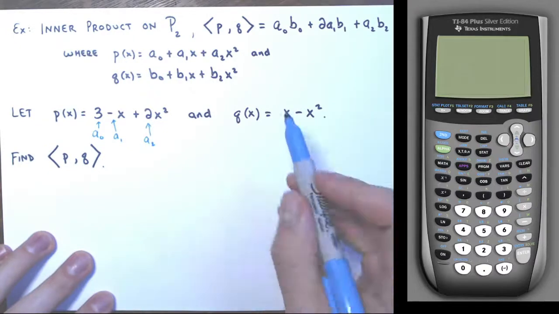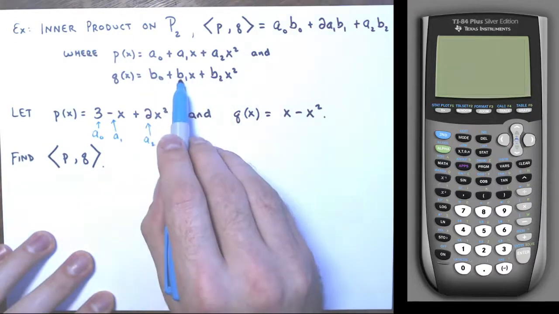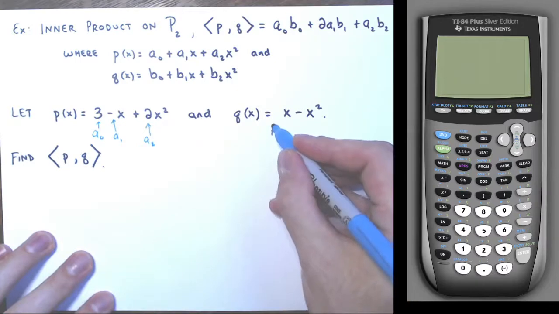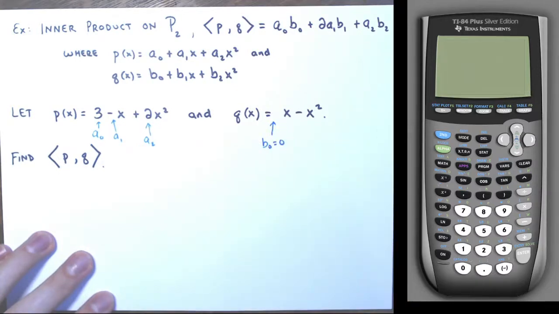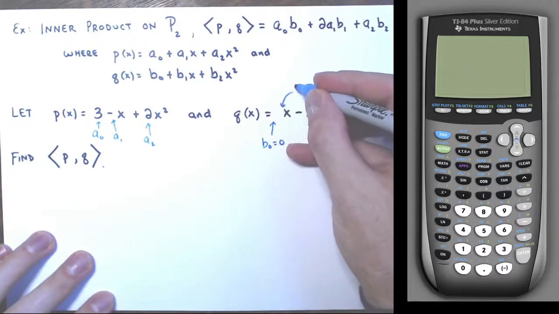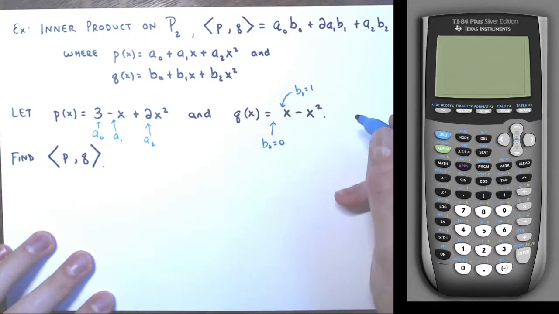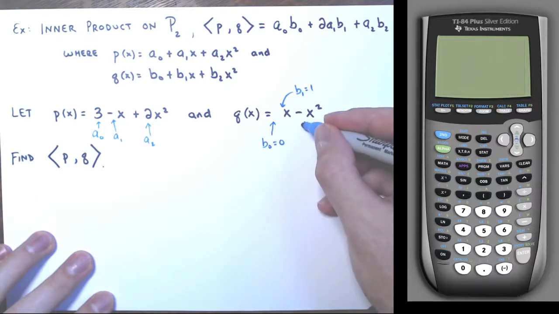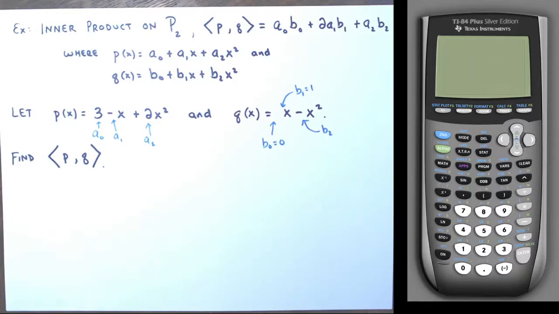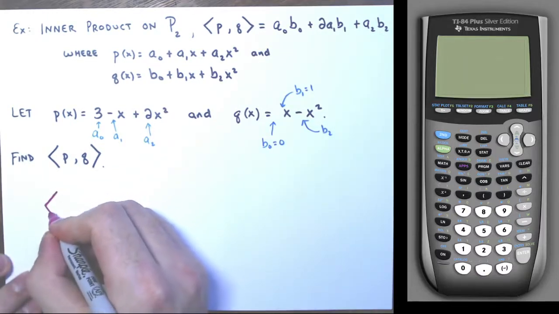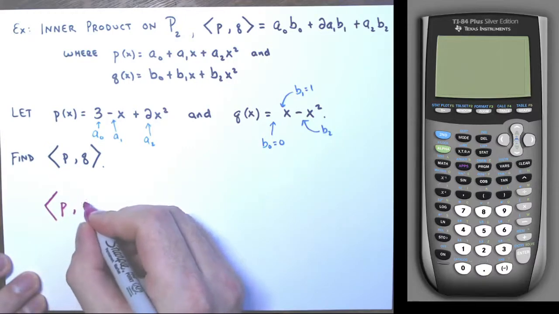And then q of x has the coefficients b0, b1, and b2. b0, notice there's no constant term, so b0 is 0, and then b1 is 1, and then b2 is negative 1. Right? So you pay attention to that. And then we just pop these into the rule for this inner product, and we'll evaluate, and it's as simple as that. Right? So what is the inner product of these two polynomials, p and q?